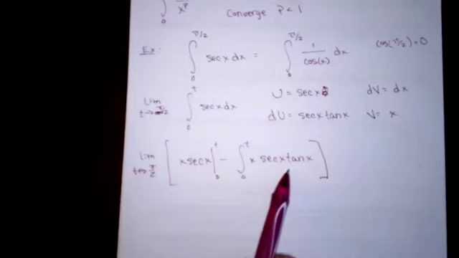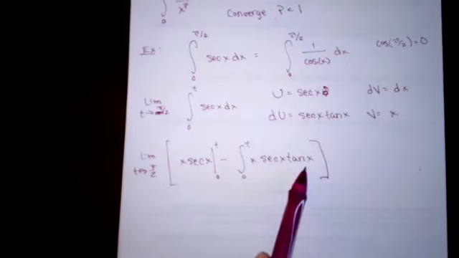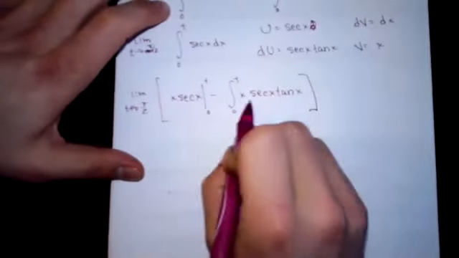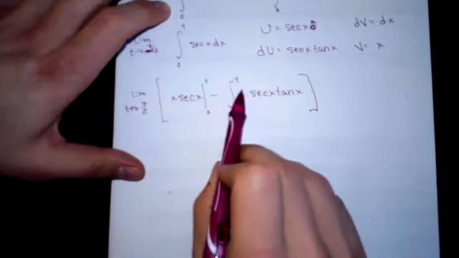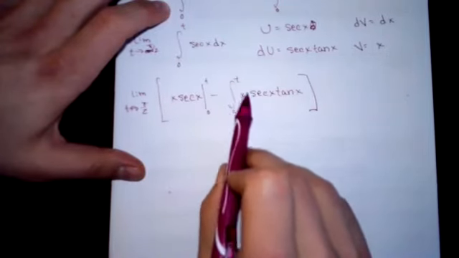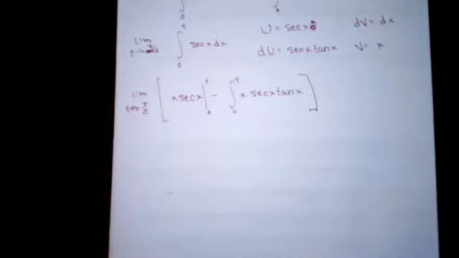But we have the secant tangent. So I would have to integrate that, and that would be our v. So let's go through it. The problem with integrating this guy is I don't want to take a derivative of this guy because we'll be going backwards. I want to integrate this guy and then take a derivative of this guy. And so if we do that, we're kind of just going to be spinning our wheels.